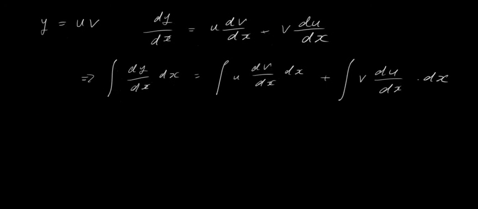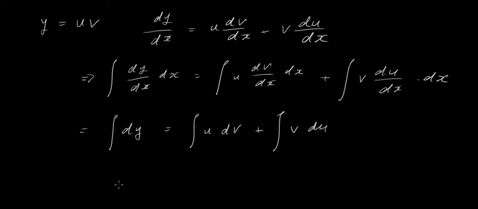Okay, so our next line then would just be, well, you can see we've got the dx here, so that will just give us the integral of dy. On this side, look, we've got the dx here and the dx here, so that's just the integral of u dv. Over here we've got the dx here and the dx here, so we just end up with the integral of v du.